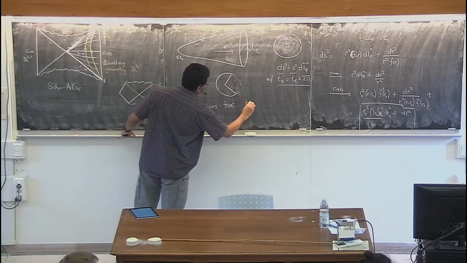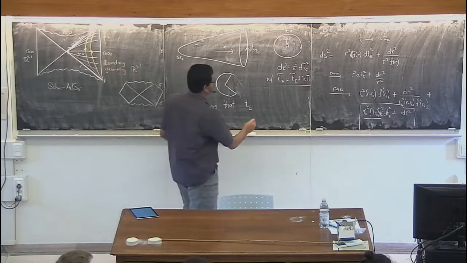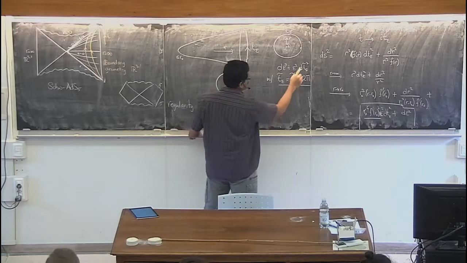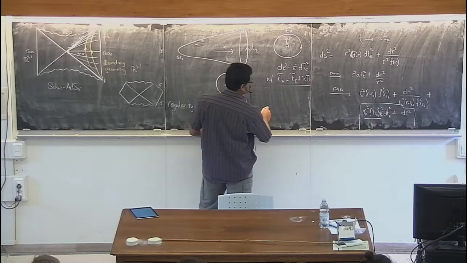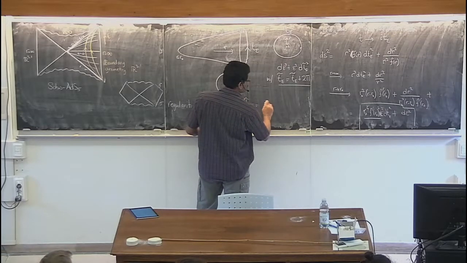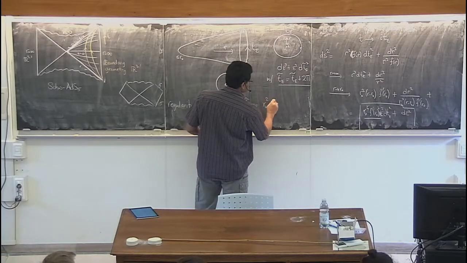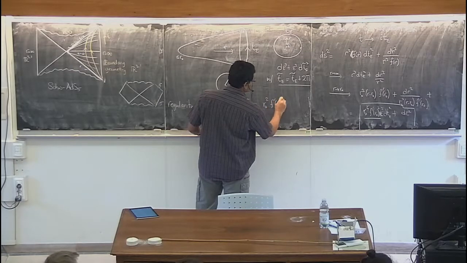that the map from T tilde to T is just a rescaling. T tilde is r0 squared f prime r naught.